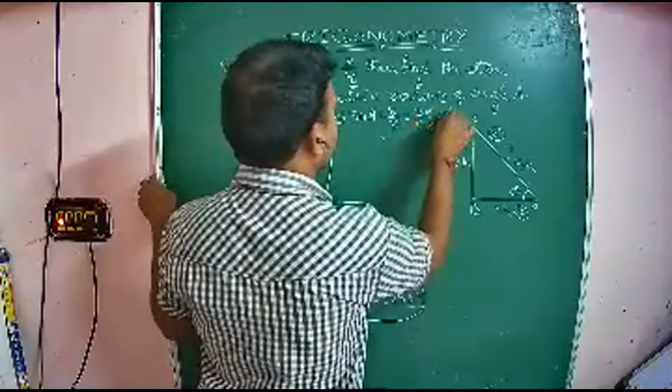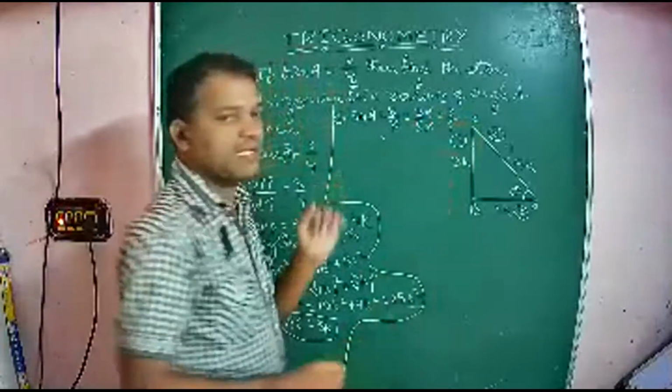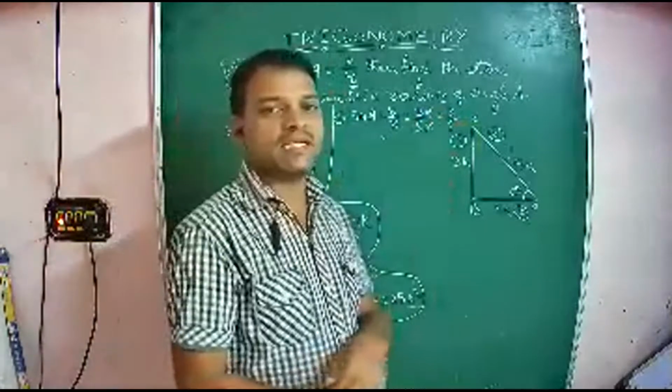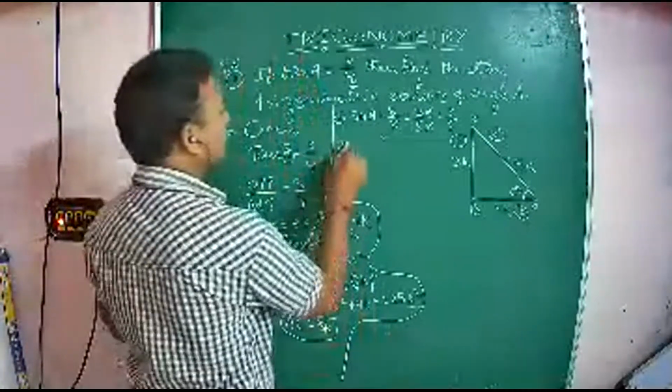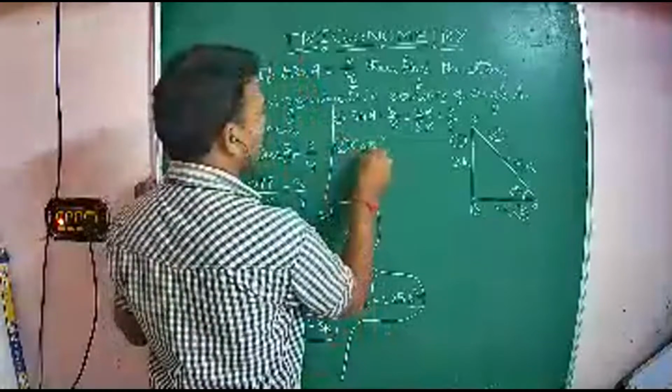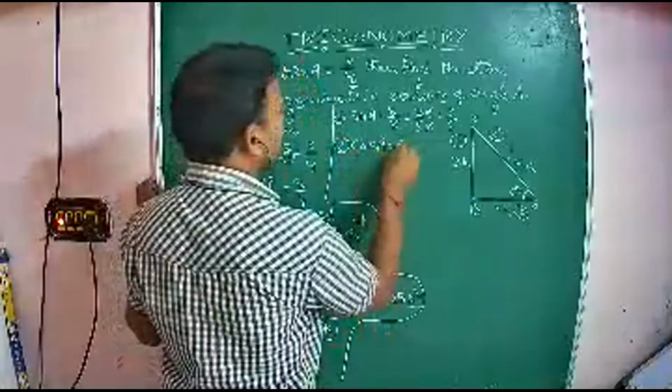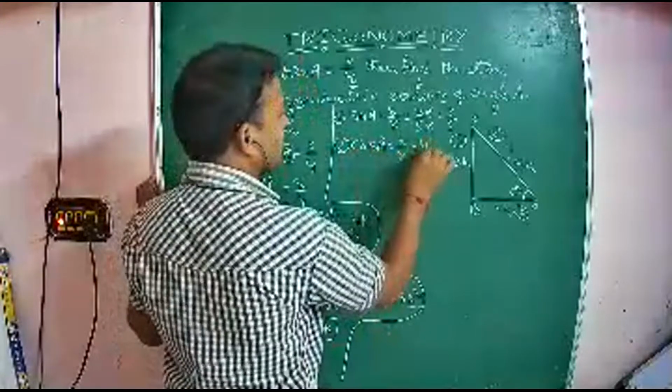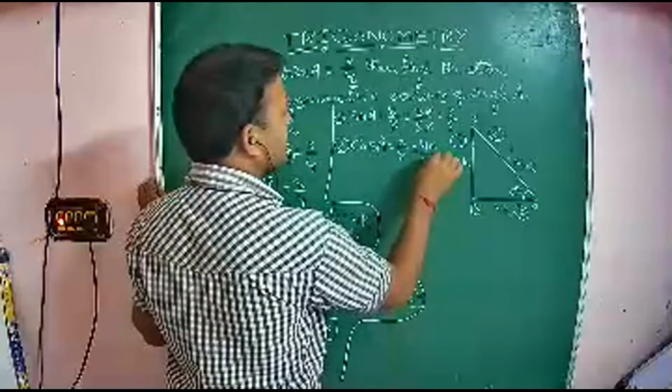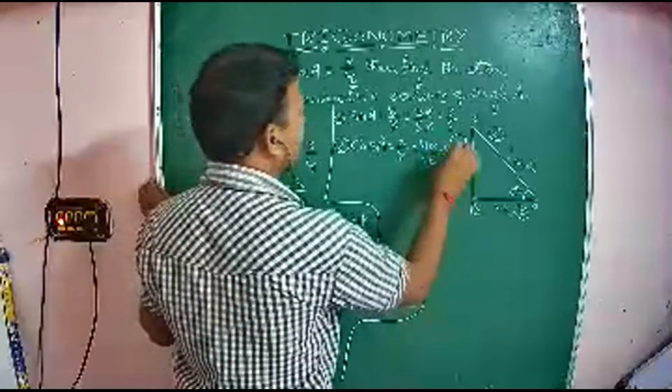The k's cancel, and you get 3 by 5 for sin A. Clear? Similarly, the second one is cos A, which equals x by r, that is 4k by 5k, the k's cancel, giving 4 by 5.